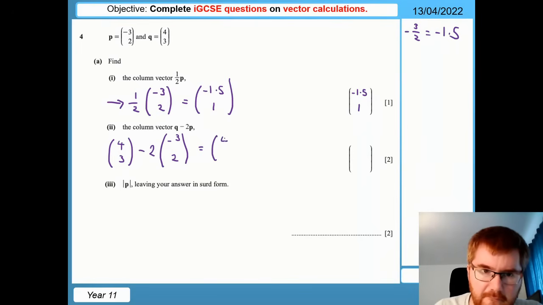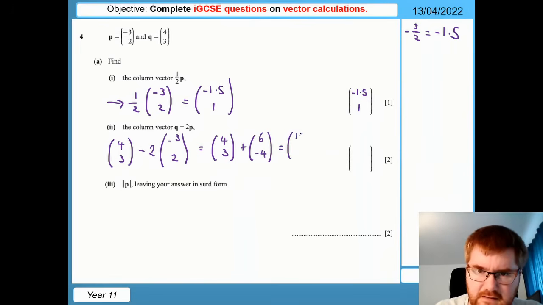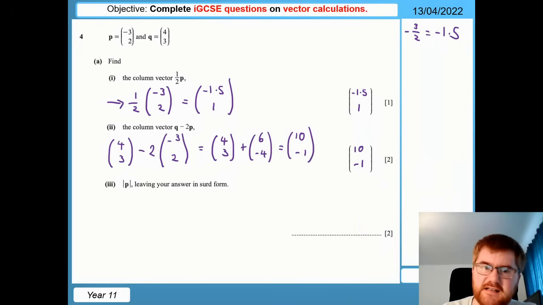So (4, 3) we're going to leave alone for the time being. Let's work out what this is. So -2 times -3, that's equal to +6. And then -2 times 2, that's equal to -4. And then we just put this together, and that gives us 6 plus 4 is equal to 10. And then 3 minus 4 is -1. So (10, -1) goes in our gap.